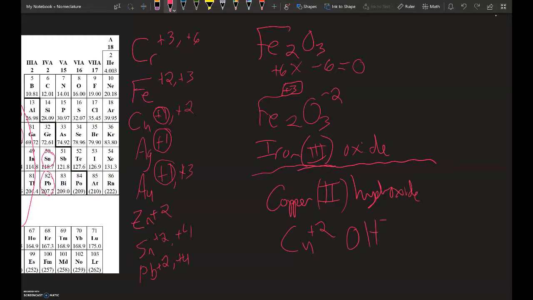Same concept: you have to figure out how many hydroxides you need for every 1 copper, because the charges don't balance out. In this particular case, that's easy. You need 2 hydroxides for every 1 copper to balance it out. So the formula would be Cu(OH)2, and do not forget the parentheses.